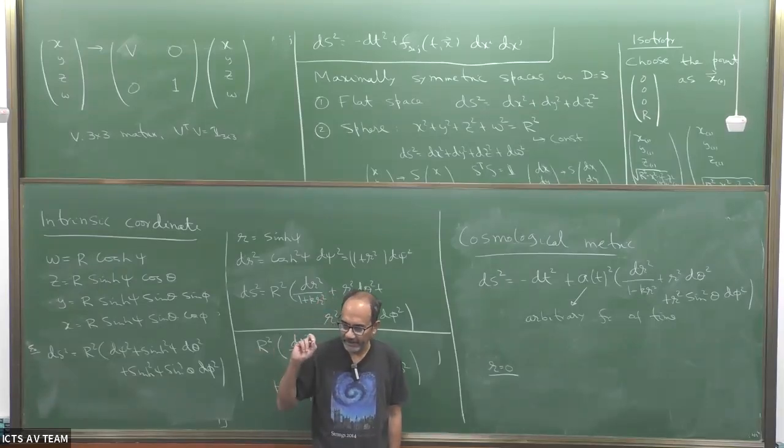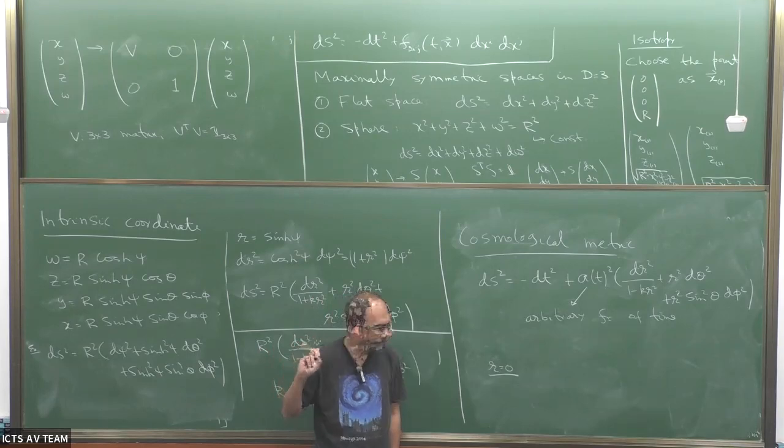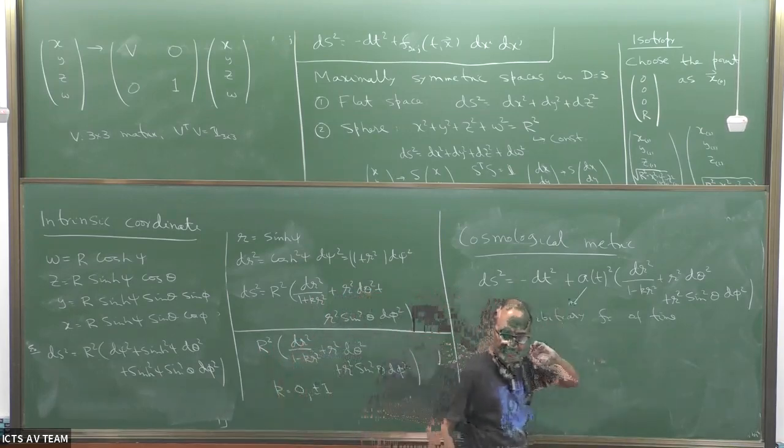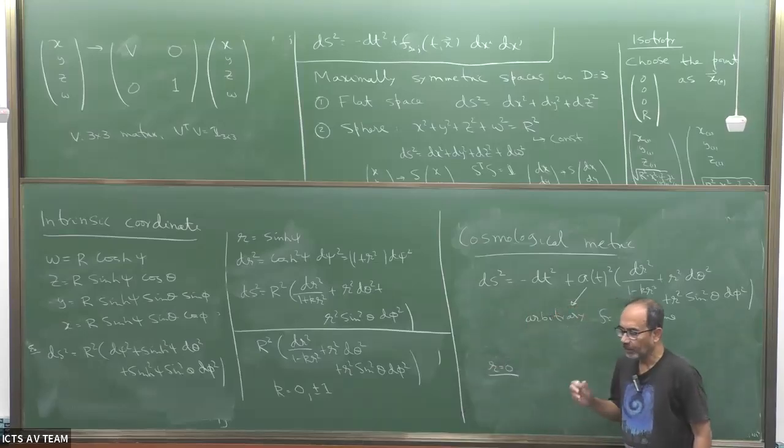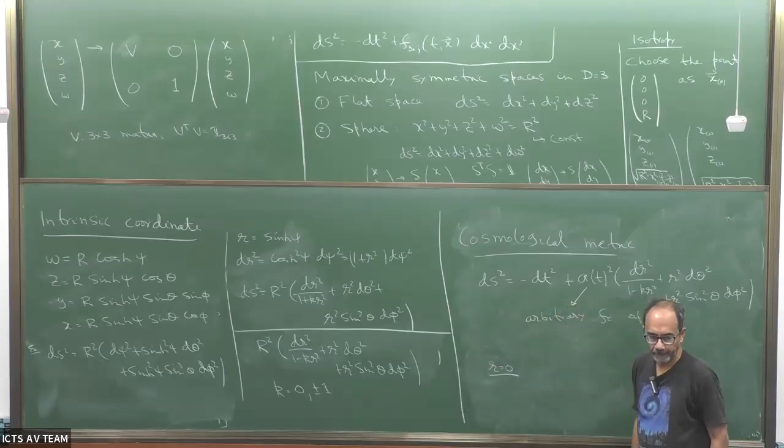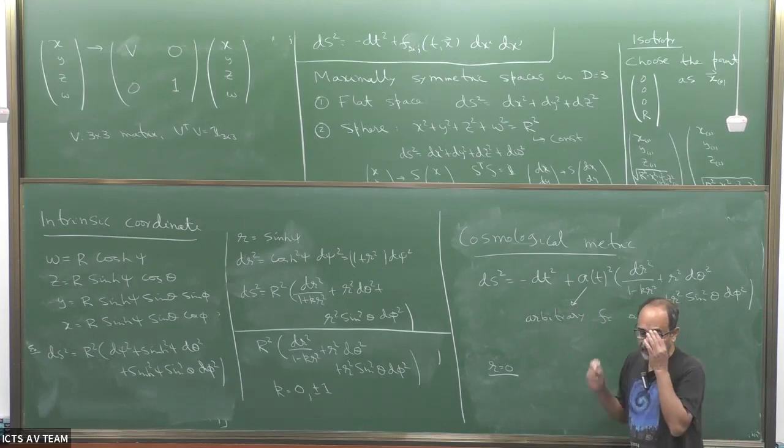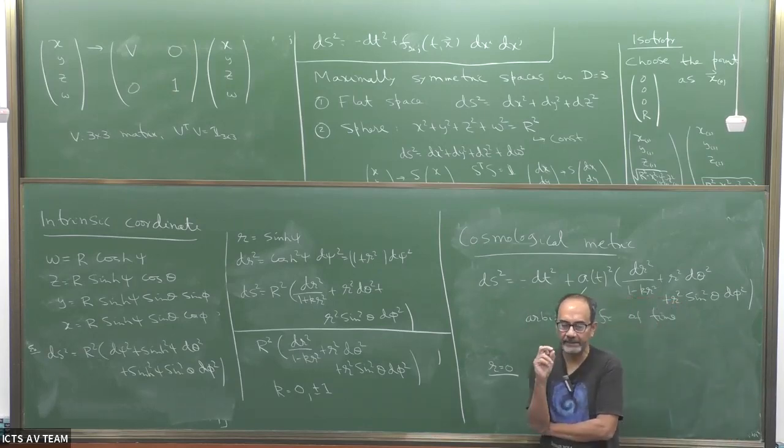Suppose you are starting at r equal to 0, and in this three-dimensional space we want to see how the geodesics look. To describe the geodesic, I have to give a three-dimensional vector that tells us the initial condition, and then the geodesic takes over.